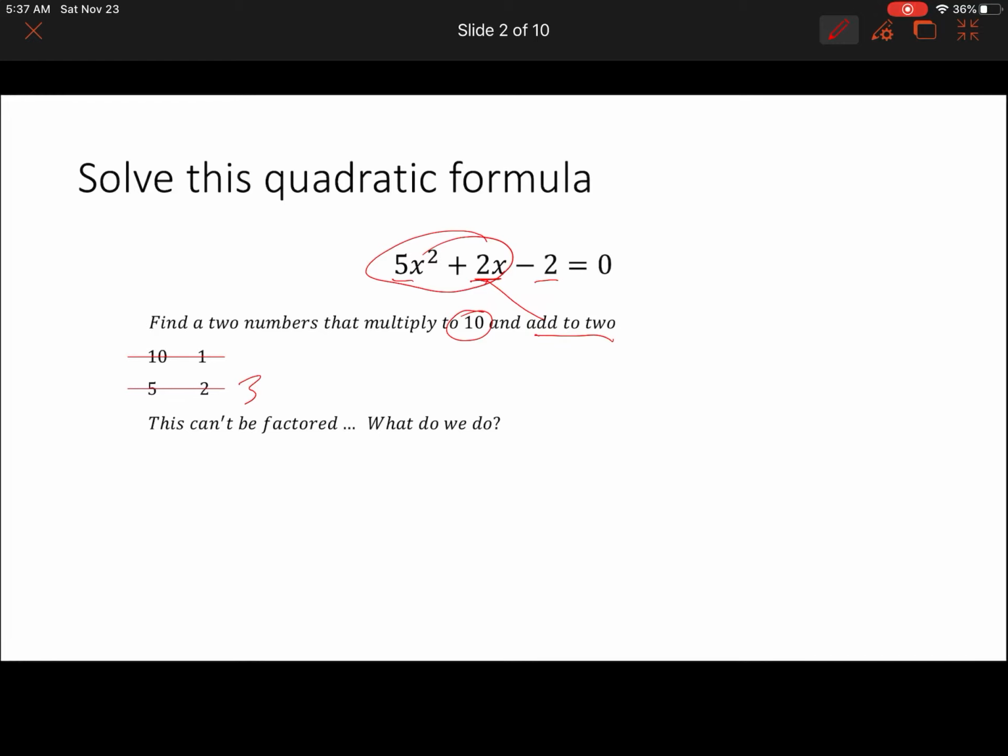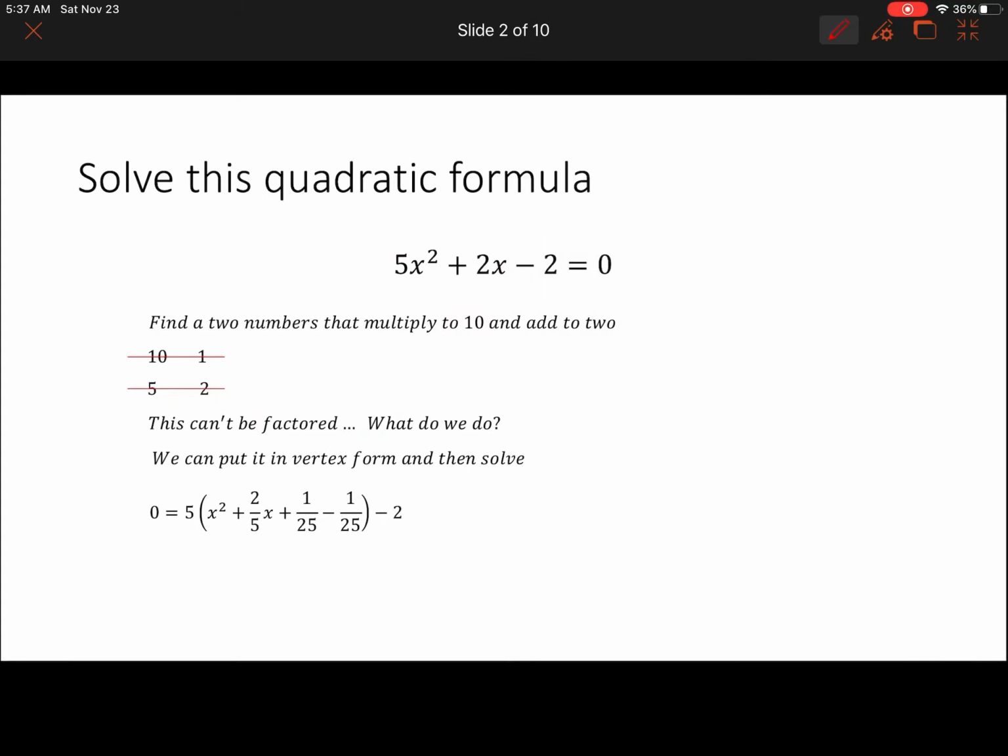The only thing we can do is put it into vertex form, and then solve. We factored out this 5 from here, right? 5 times x squared is 5x squared. 5 times 2x over 5 is 2x.